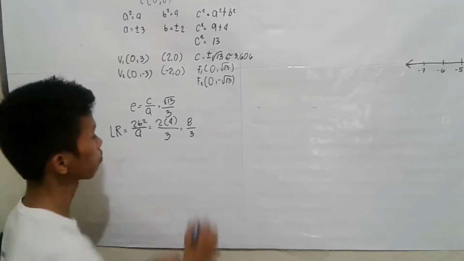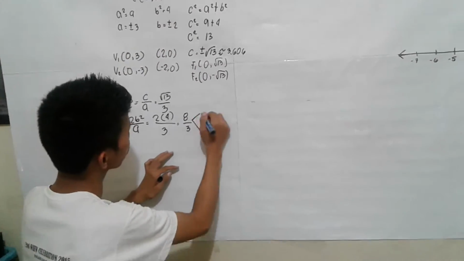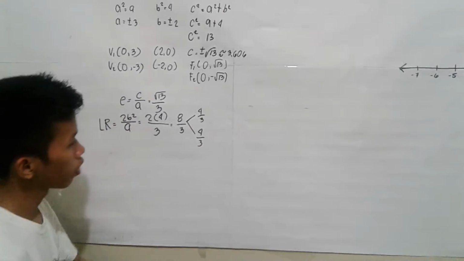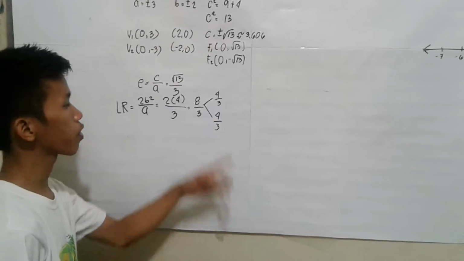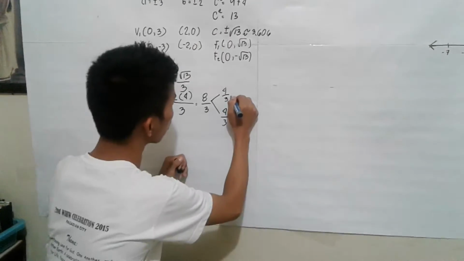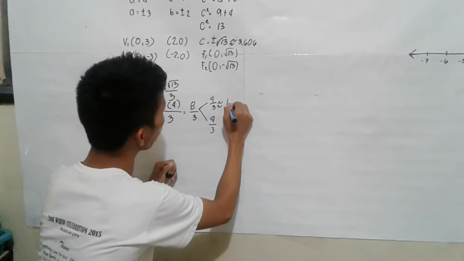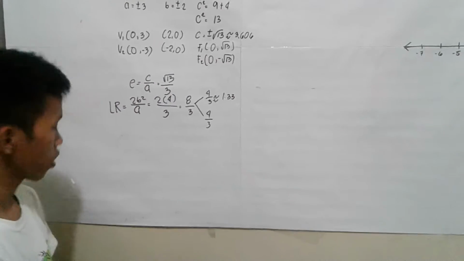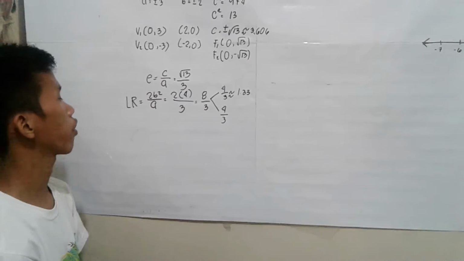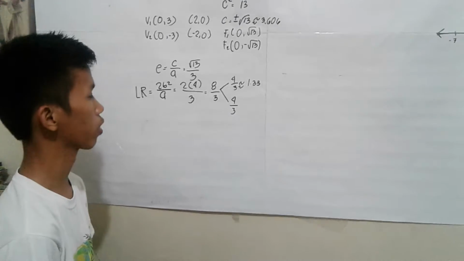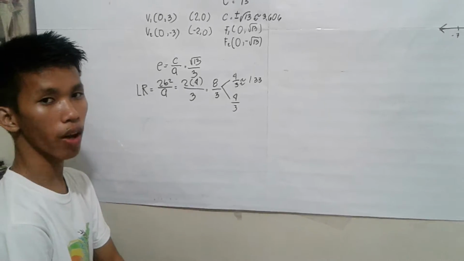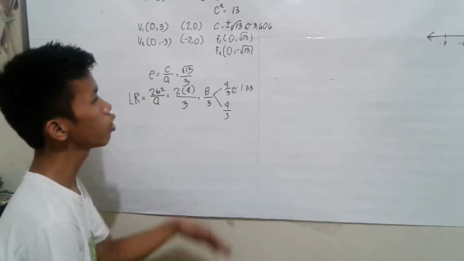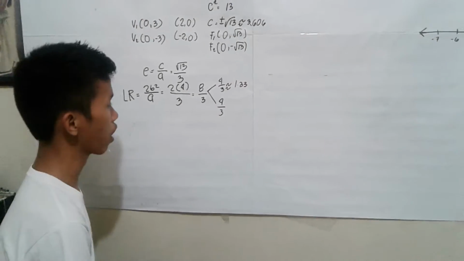Then divide it into 2 branches, so 4 over 3 and 4 over 3. The approximate value of 4 over 3 is 1.33. So now we have found the length of the latus rectum. Next, let's find the endpoints of our latus rectum through the value of the foci.